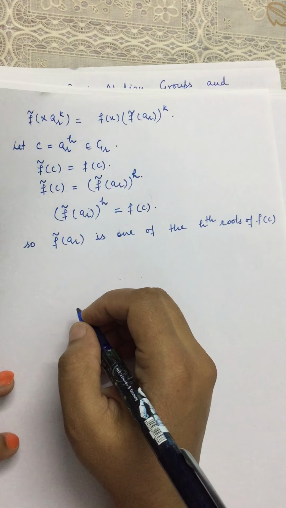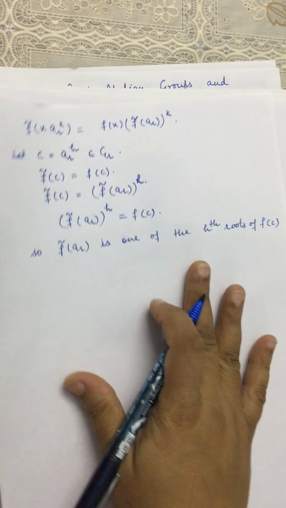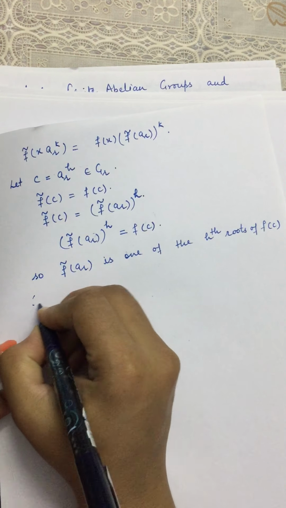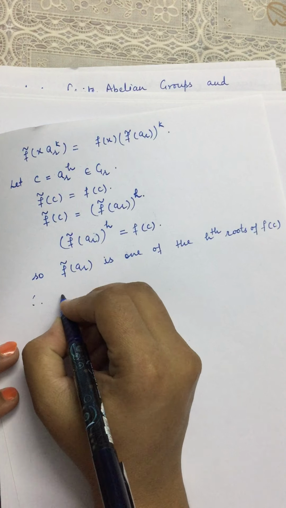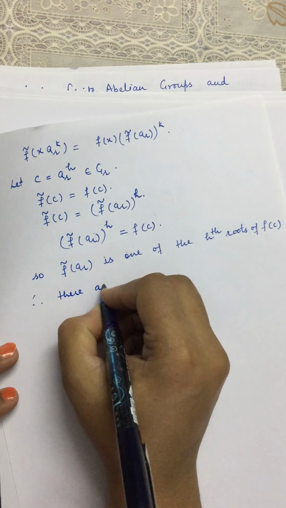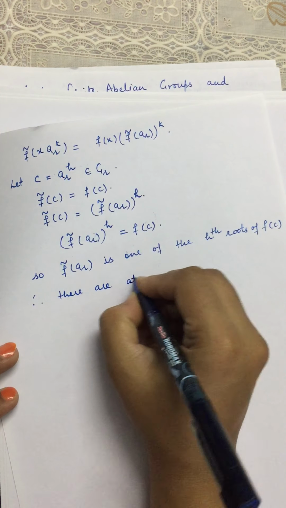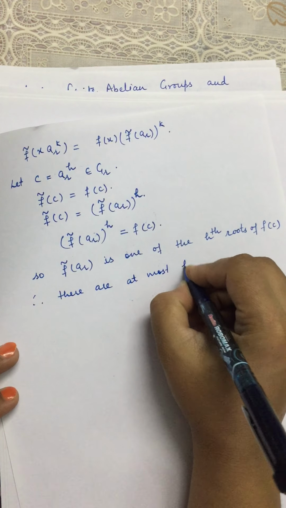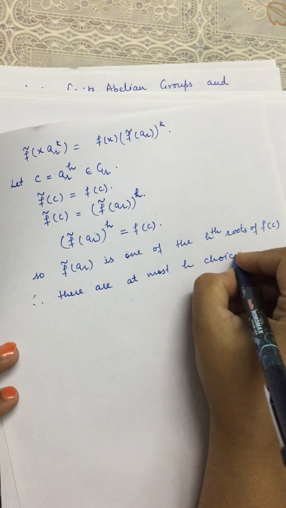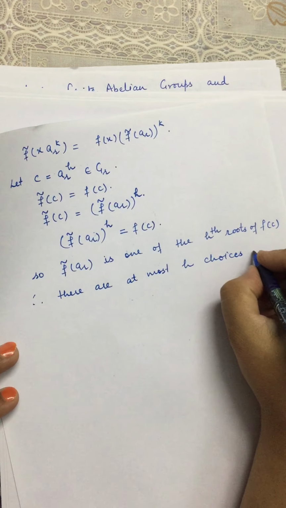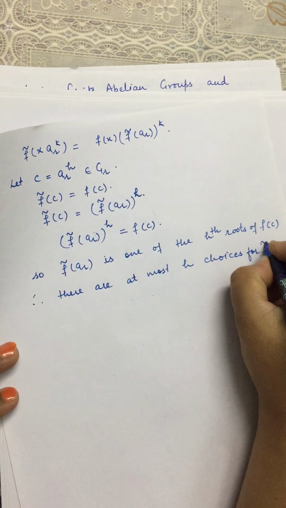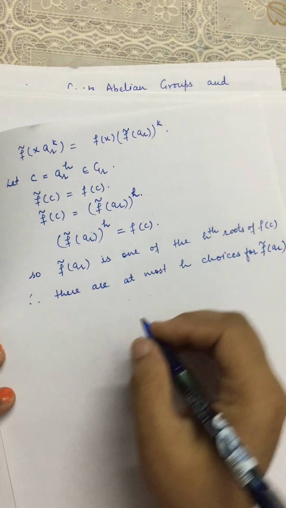Therefore, there are at most h choices for f curl AR, because it is an hth root.